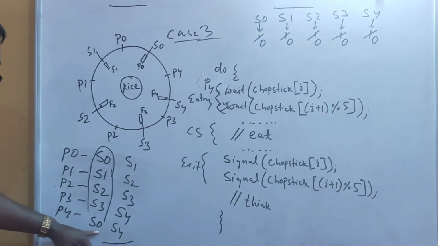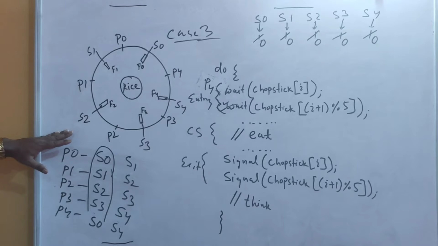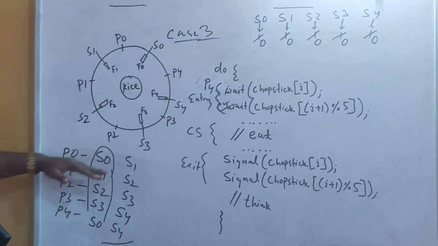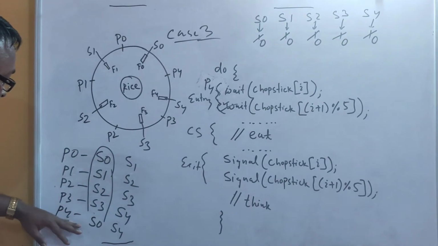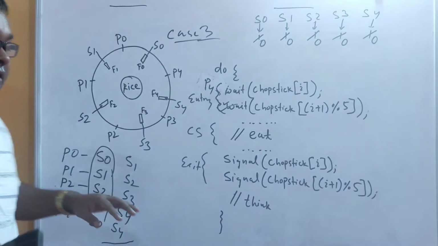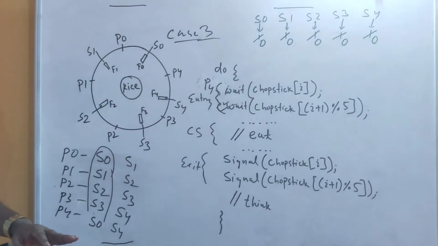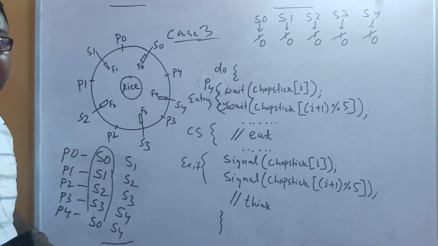If you are reversing this particular code, that means for the last philosopher: if there are n philosophers, then n minus 1 philosophers can access the code in this particular way, and the last philosopher, that is the nth philosopher, can access the code in a reverse way. If you are reversing the code, then this one you make first and this one later. So if you reverse the code, the solution can happen.